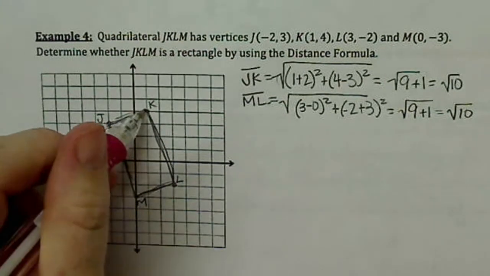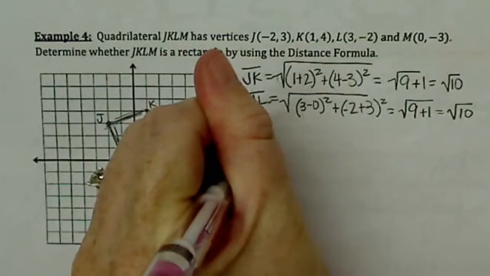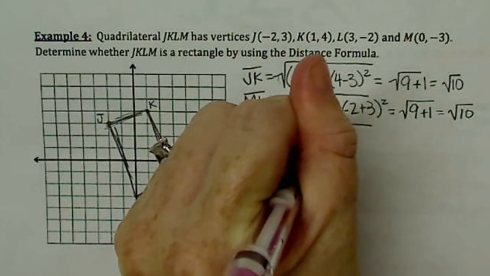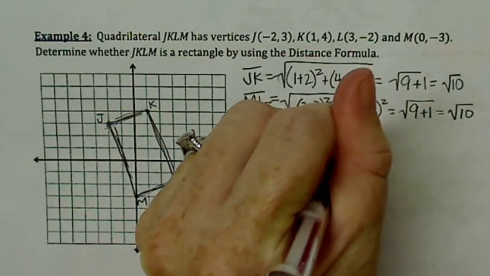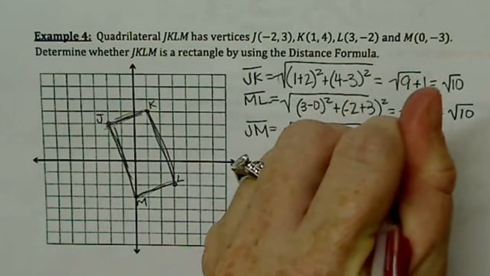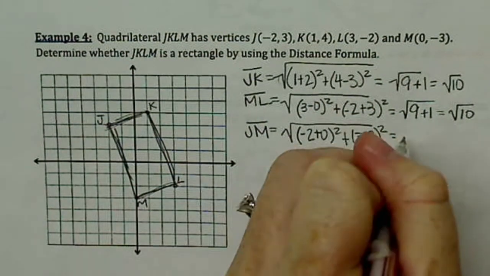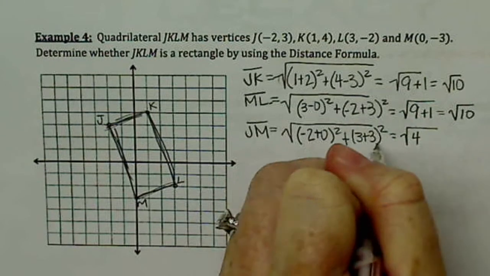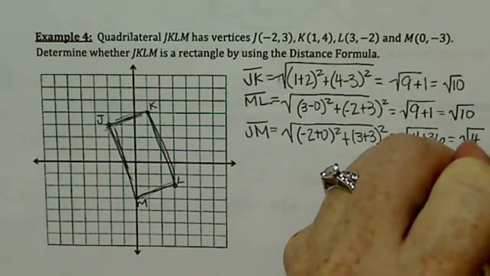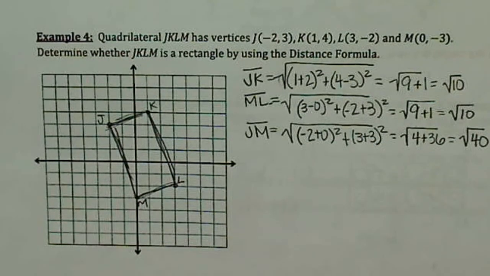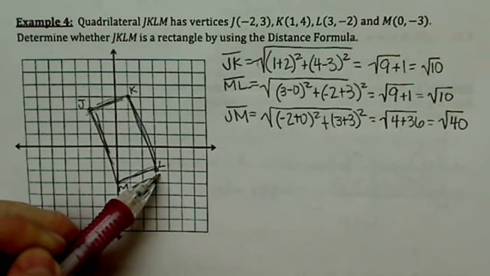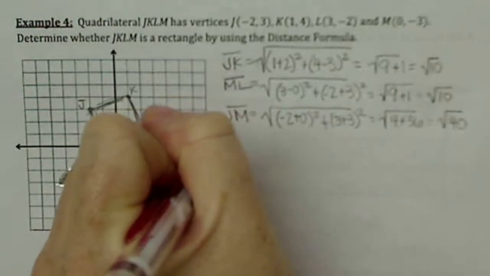Let's check JM and KL. Okay, negative 2 squared is 4. 6 squared, 36. Square root of 40. Let's see if this other side, KL, is also square root of 40.